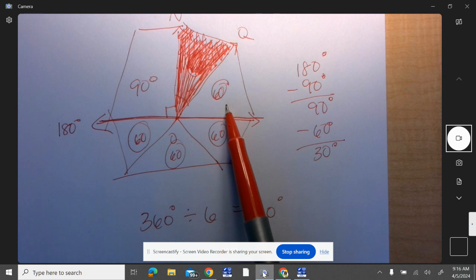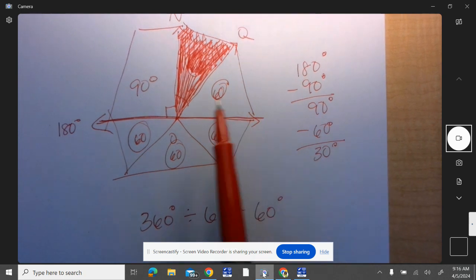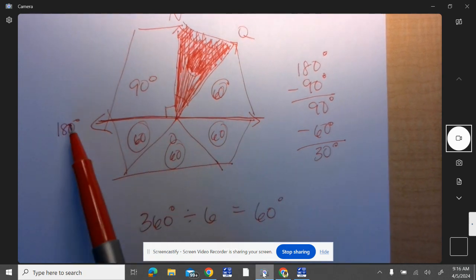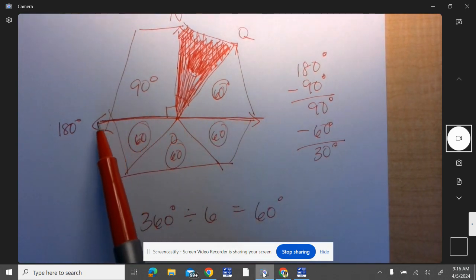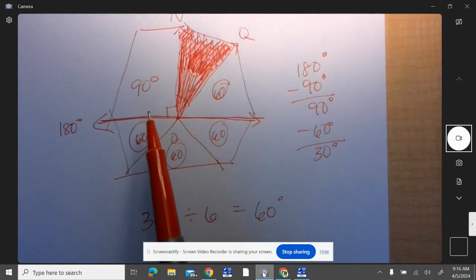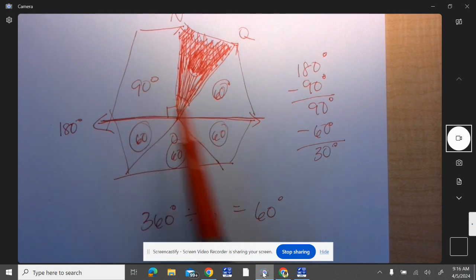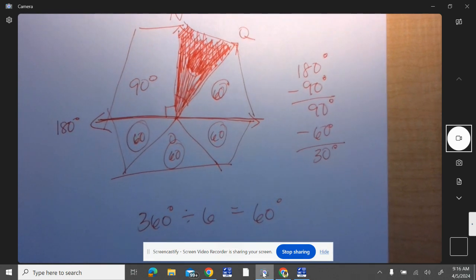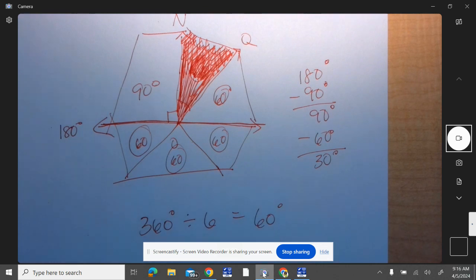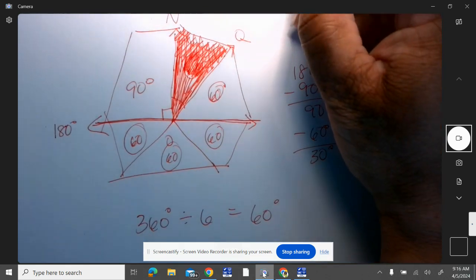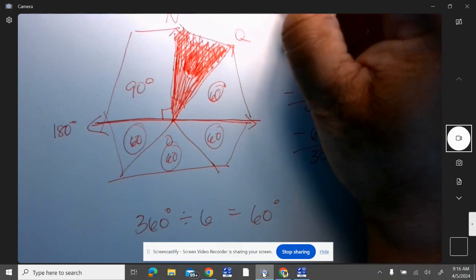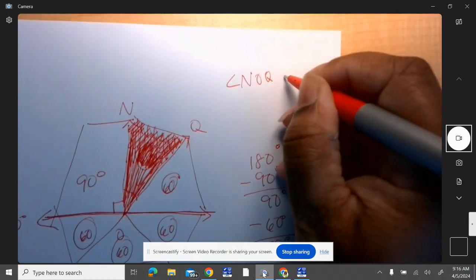They didn't label it, but this triangle is 60. You know this is 90. So now you know, like, a straight line is 180. We went over that. Straight line is 180. Now you have 60, 90. So now you have all the information you need to know to solve, and the answer is 30. So NOQ, the angle NOQ is equal to 30 degrees.